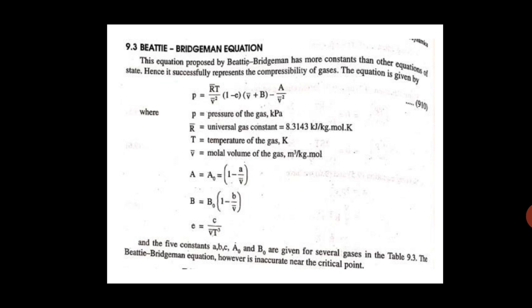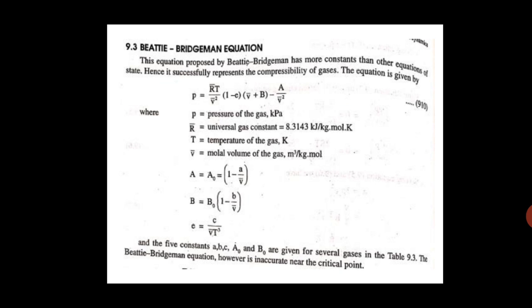To find out these constants A, B, C, you have got three equations. A is equal to A naught into 1 minus a by V bar. Sorry, that is a mistake. B is equal to B naught in bracket 1 minus b by V bar, and c is equal to c by V bar T cube.